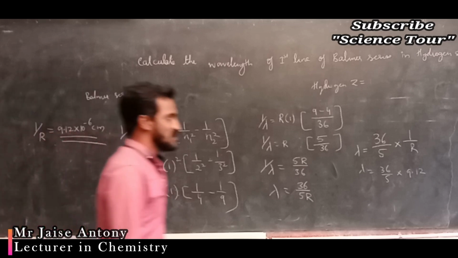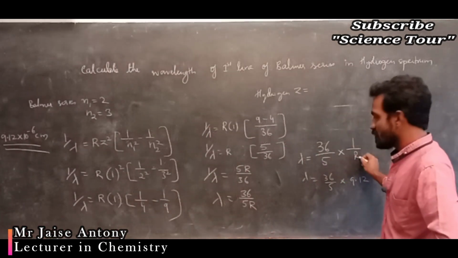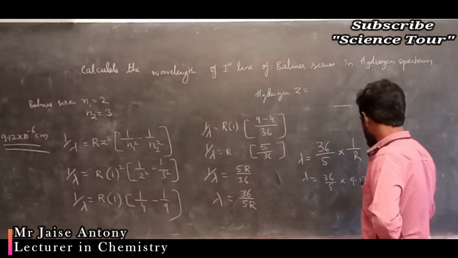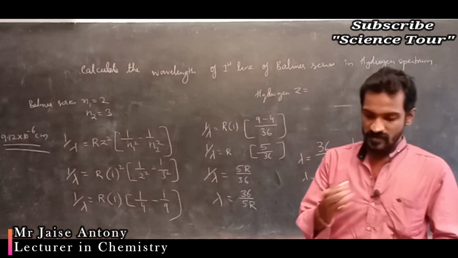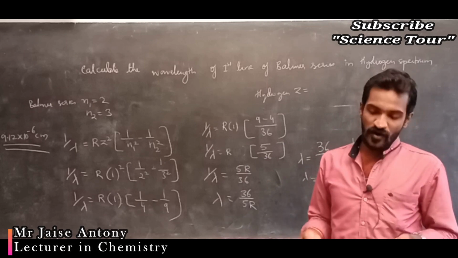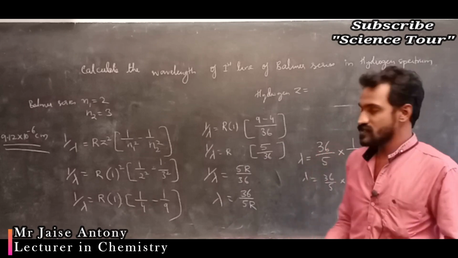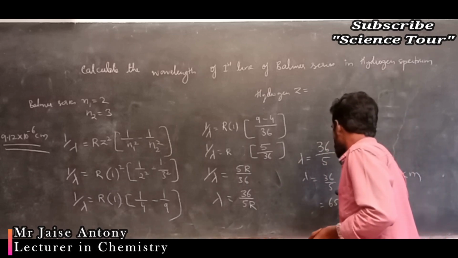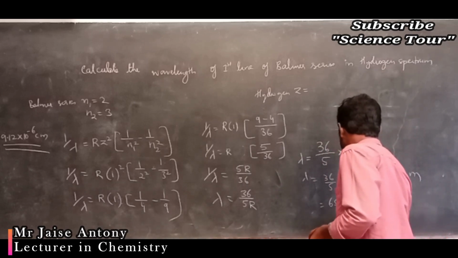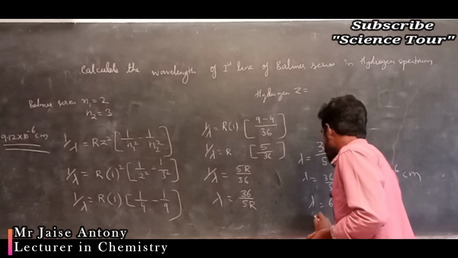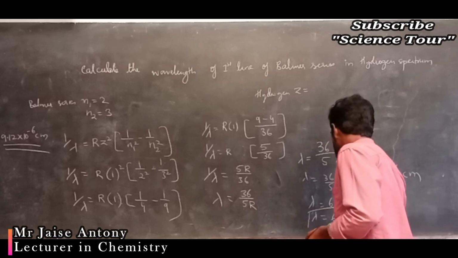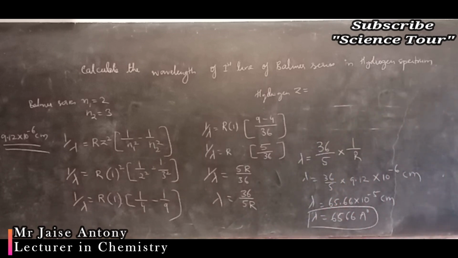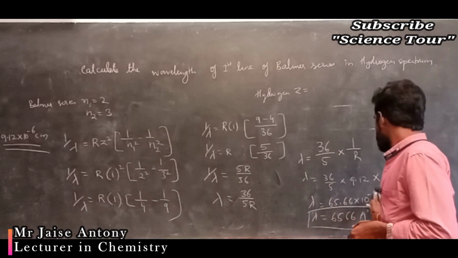Correct now, my dear students? So I am directly writing the 1 by R value here: 9.12 into 10 to the power minus 6 centimeter. So the calculation gives 65.66 into 10 to the power minus 6 centimeter, or you can write 6566 Angstrom. 10 to the power, not minus 5, minus 6, sorry.